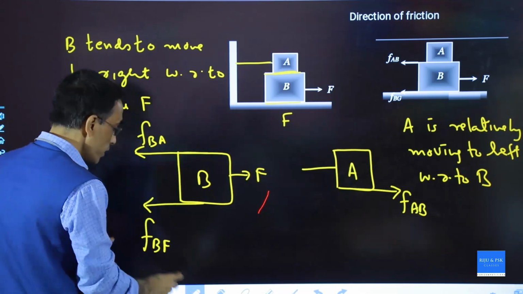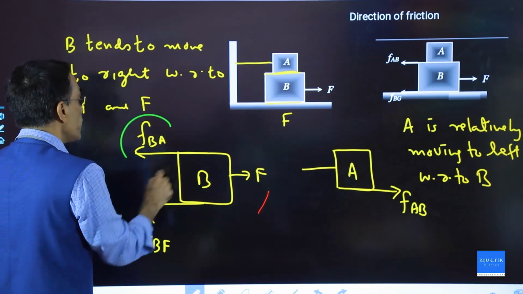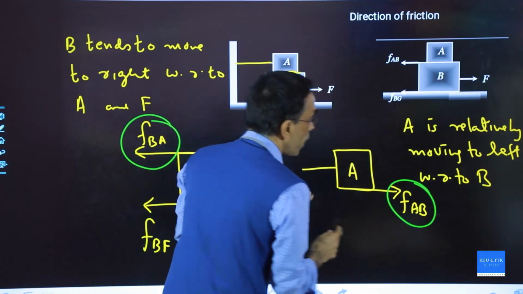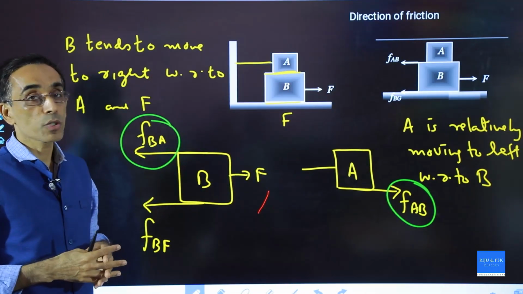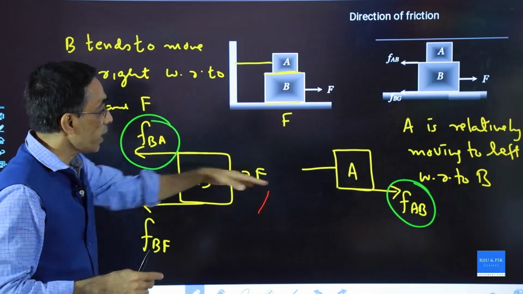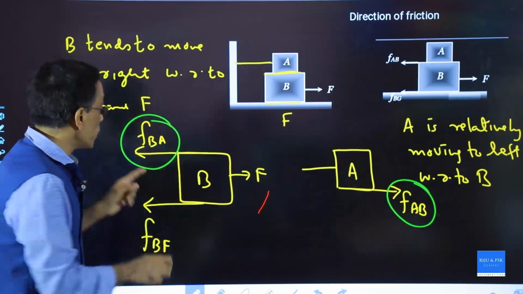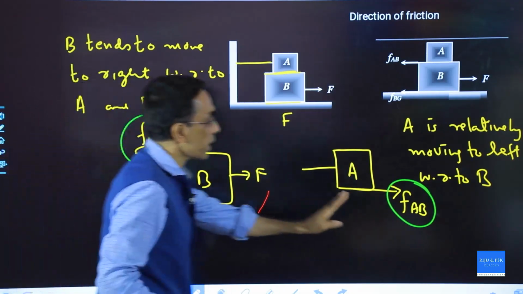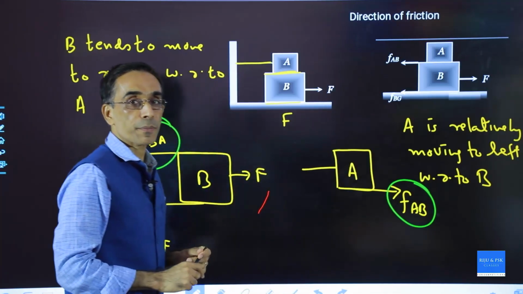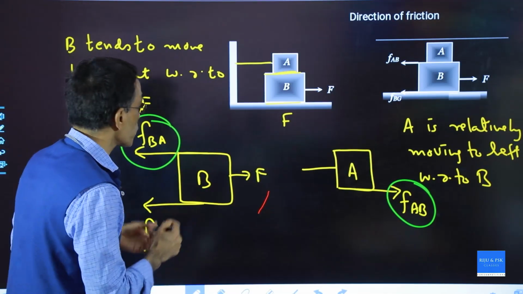And we should know that FBA and FAB are the equal and opposite pairs. Newton's third law. FBA and FAB will be equal in magnitude. If FBA is 5 Newton, then FAB will also be equal to 5 Newton. There is one more, that is on the floor.